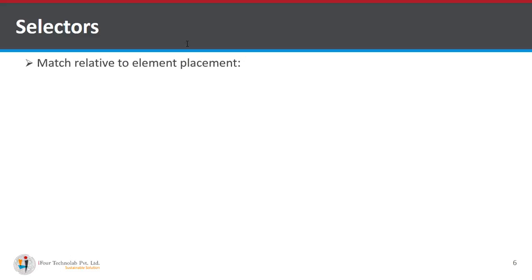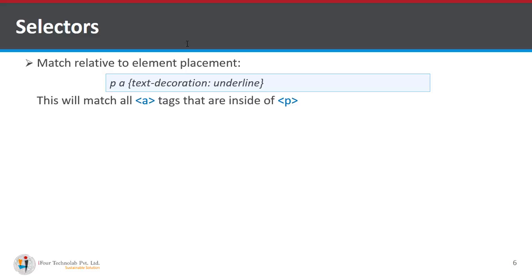Selectors that match relative to element placements. In this example, I have written paragraph tag P A and text decoration underline. This will match all A tags, that is anchor tags, inside every paragraph tag. This CSS will apply to every anchor tag having parent P.